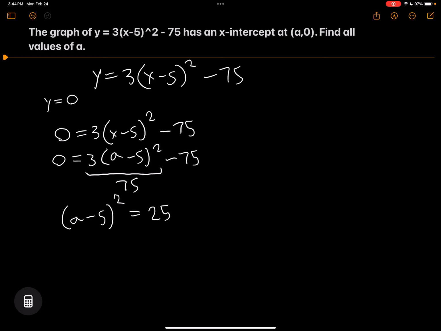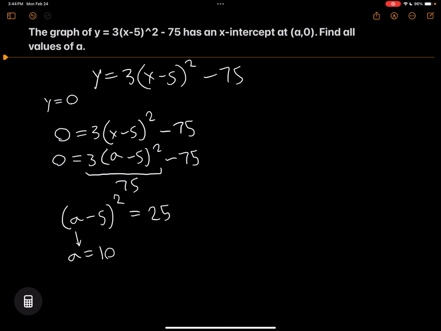The square root of 25 is 5. That means our value for a must be 10, because 10 minus 5 squared is 25. So one value for a is 10. Now we're dealing with squares here, and whenever we have squares, we pretty much always have a second solution.